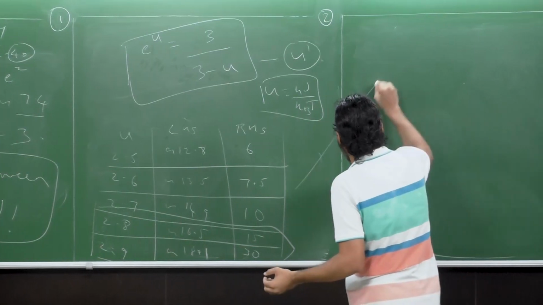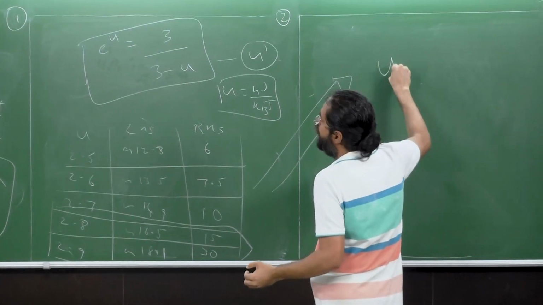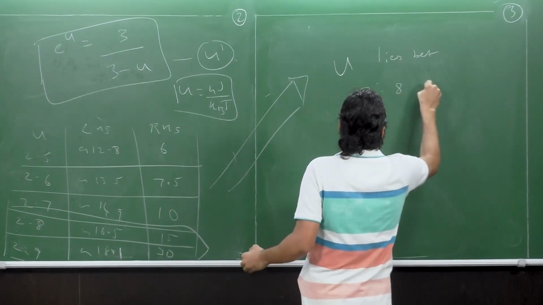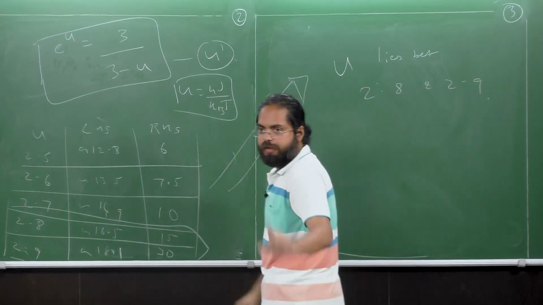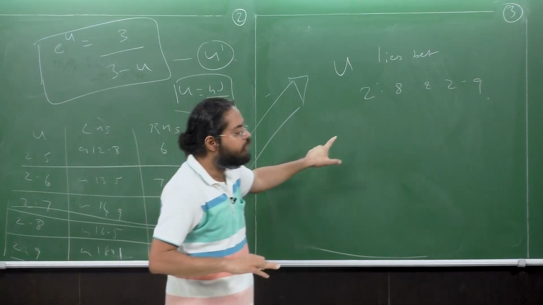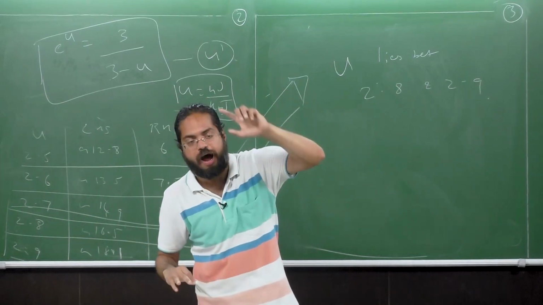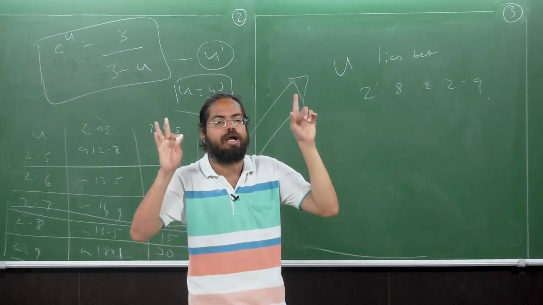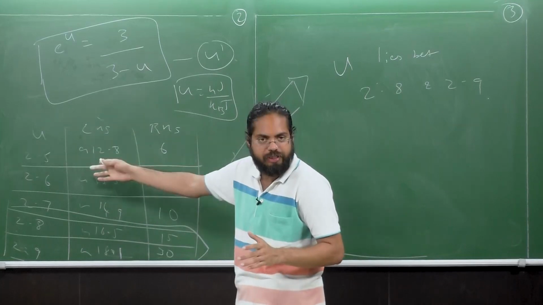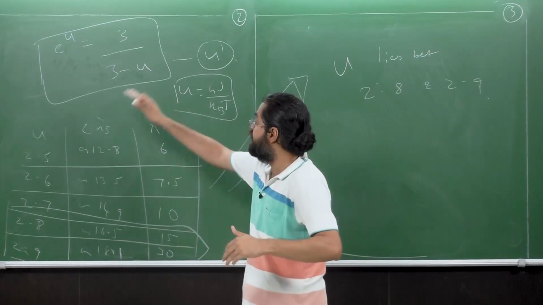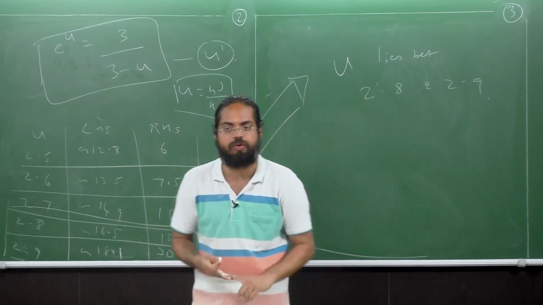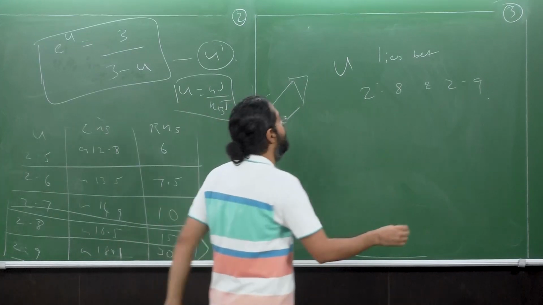So we understand from this that U lies between 2.8 and 2.9. Why are we doing all these numerical calculations? We're doing all this to eventually find out the temperature of a star. I'll tell you how. But look at how the fundamental principles of science, simple things like addition, subtraction, division, exponentiation, are going to lead us, hopefully, to a very profound insight. Please note that point carefully. All right, so U lies between 2.8 and 2.9.